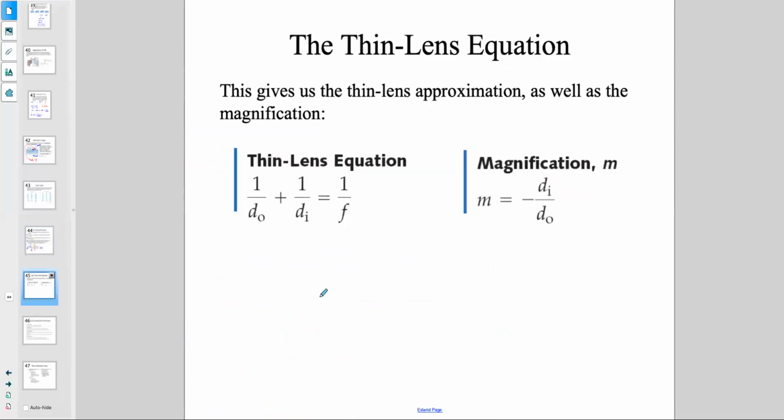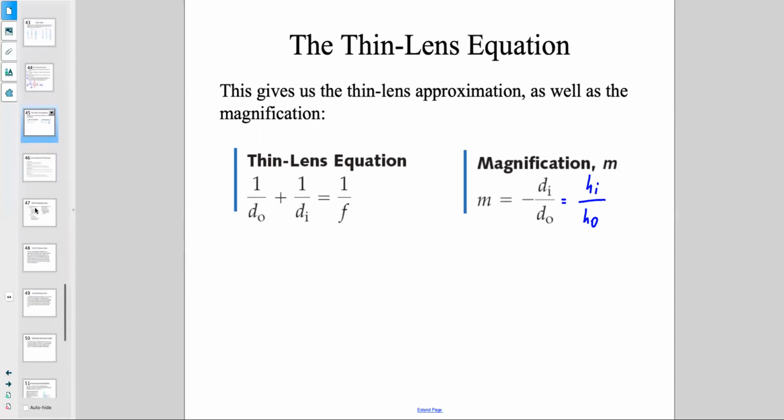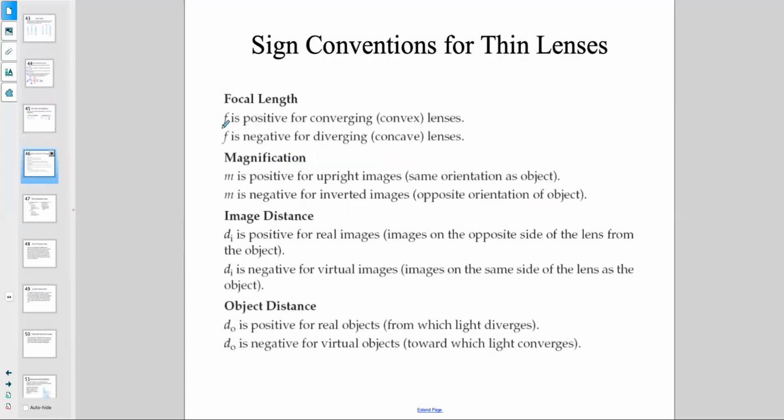So for the lens, we have the same type of equation. 1 over do plus 1 over di is 1 over f, and the magnification is negative di over do, or hi over ho. Okay, it's the same formula. Everything is the same. So f is positive for the convex, and f is negative for the concave.